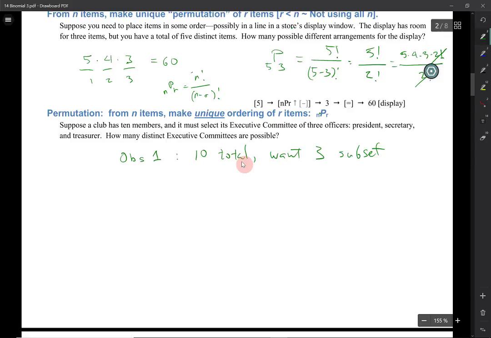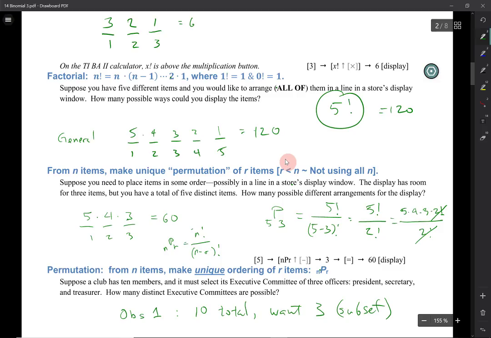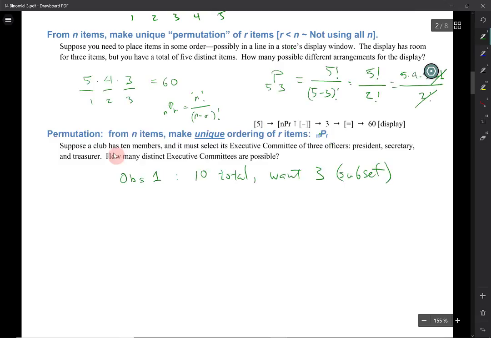As soon as you make this observation, you rule out the factorial. If it was 10 members, and they're each going to be assigned a unique job, say they're going on a hike, and one person's in charge of this, another person's in charge of that, and every single person is going to be assigned a duty on the hike, then it's factorial, because each and every person has a specific job.